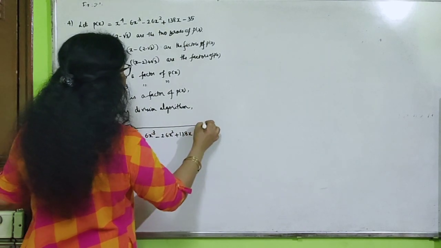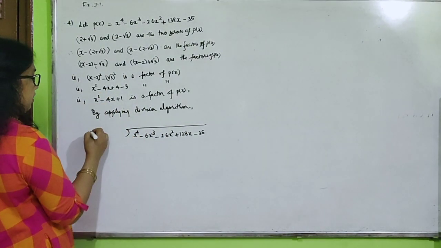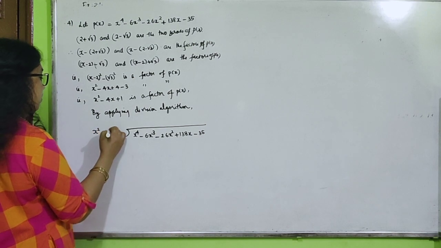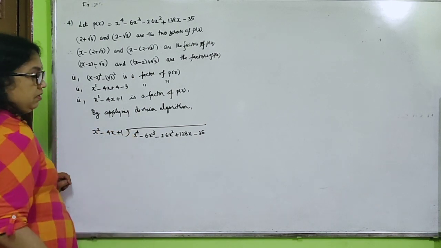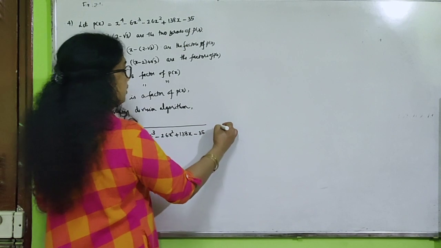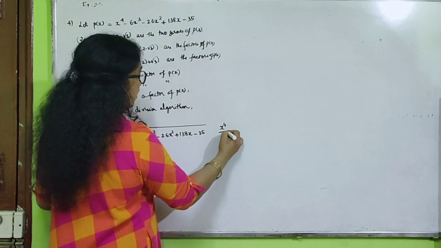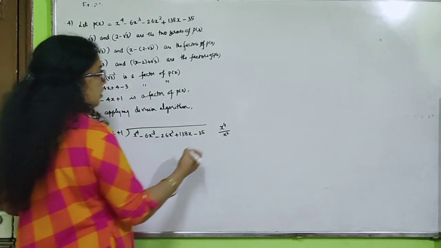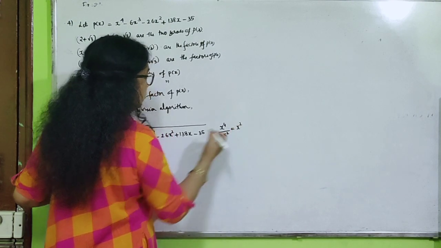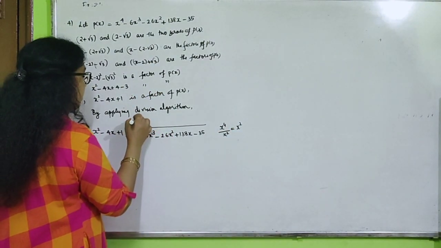Then you have to divide by the factor x square minus 4x plus 1. So first, x raised to 4 is the highest degree term, so we get x square. That is the first term of the quotient.